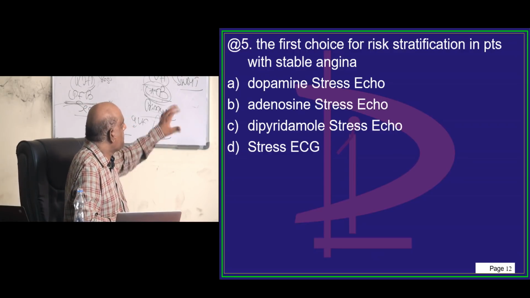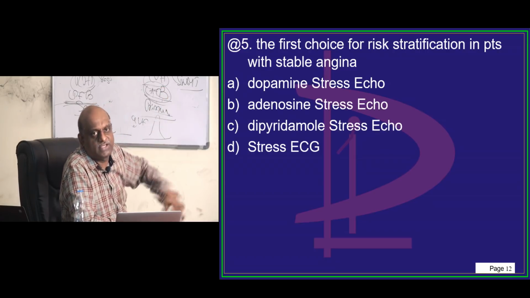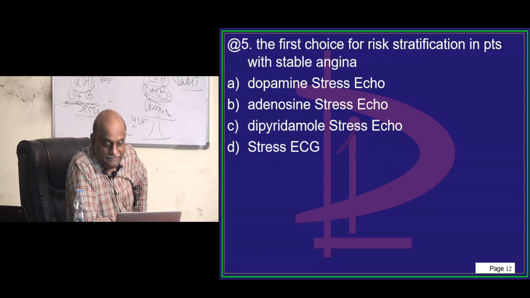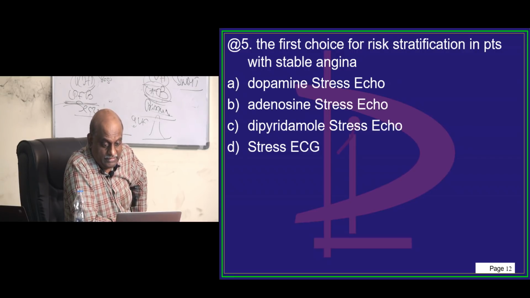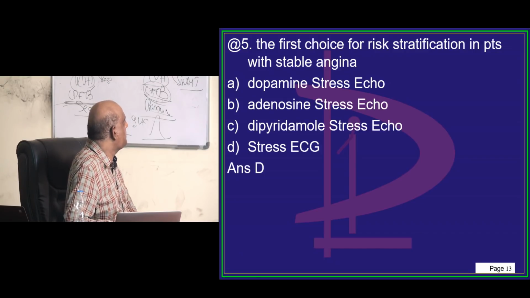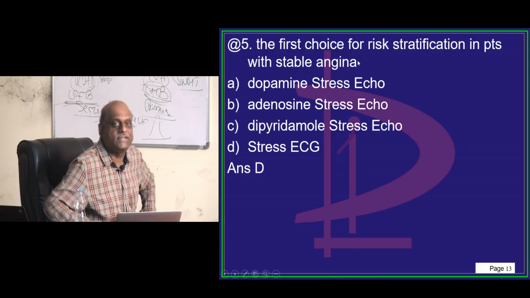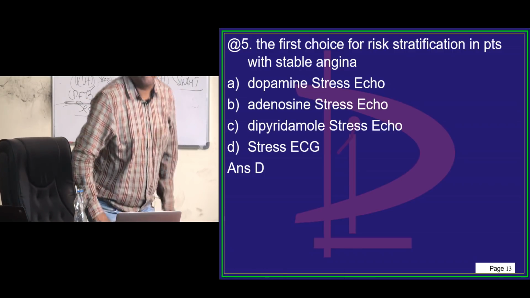Do you want to do a stress ECG, dipyridamole, adenosine or dobutamine with stress echo? So what is your answer? So Madhu and Vinoda. Yeah, Roshan is proposing stress ECG is preferred rather than the stress echo, is what you need to understand.